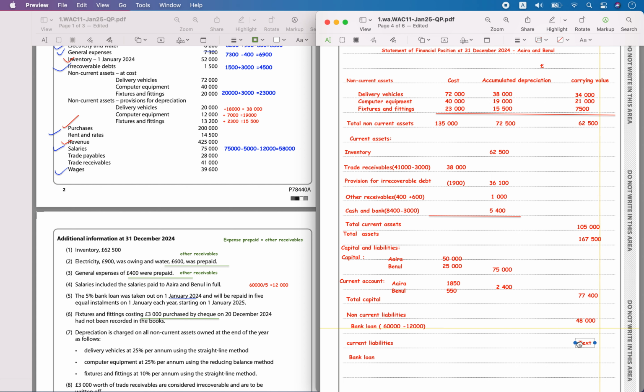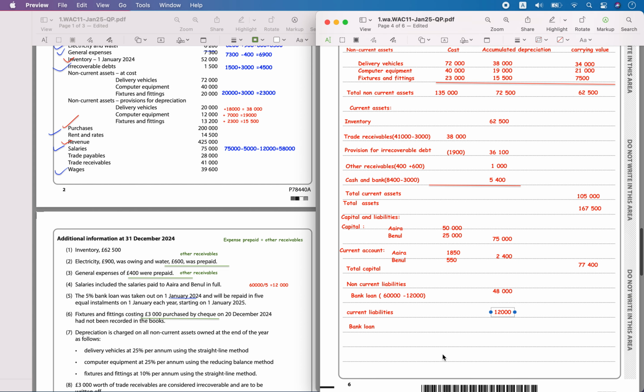So 12,000 was paid, and then you have the bank loan interest payment.